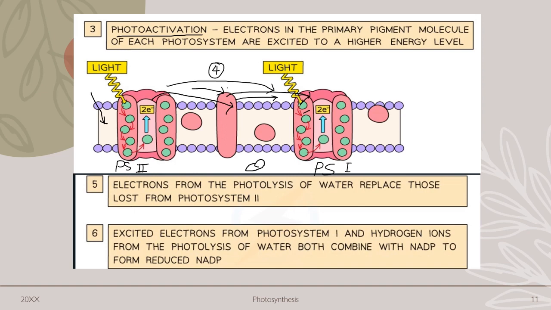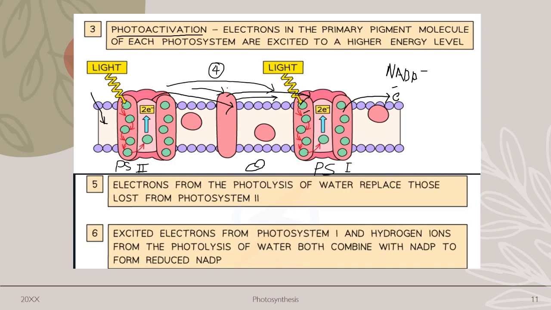I told you that in photosystem 1 the electrons are released, like in the last diagram, let me show you here. These electrons are being released here, and there was an NADP molecule here, which is the hydrogen acceptor, of course.